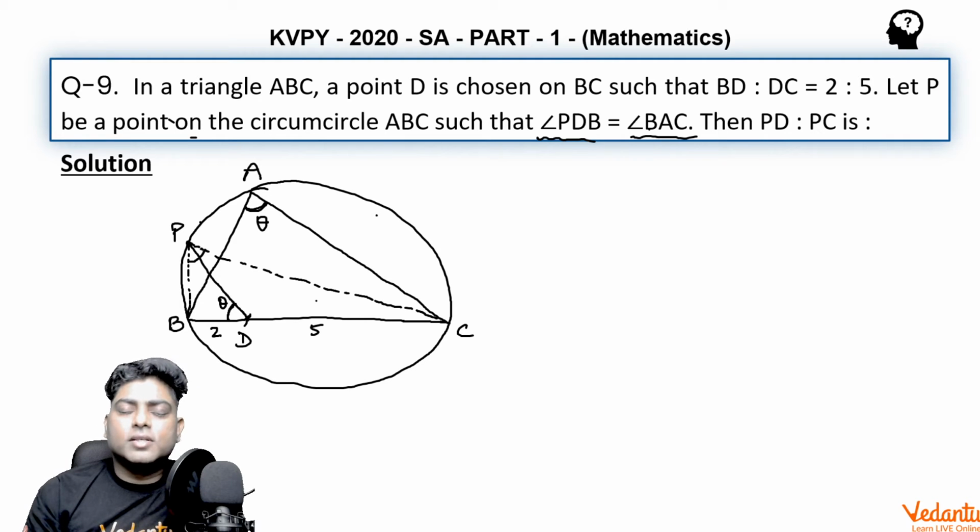However, in this question it must be mentioned that P should lie on the same side of BC in which the vertex A is lying, right? Otherwise the ratio can be different if P is on the other side of BC, opposite to the side in which A is lying.